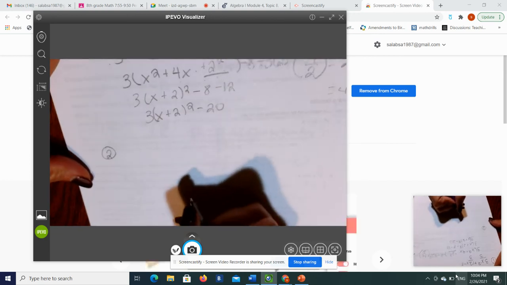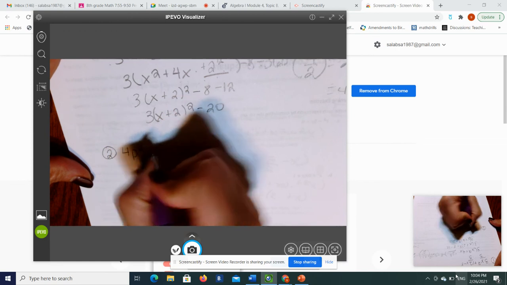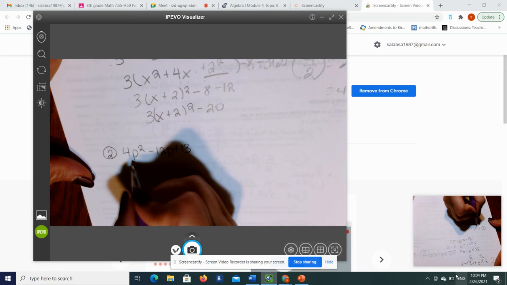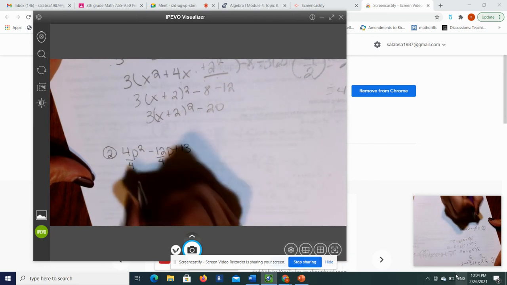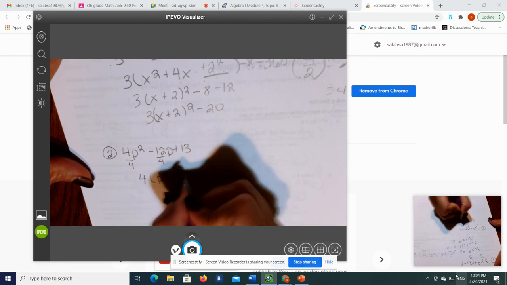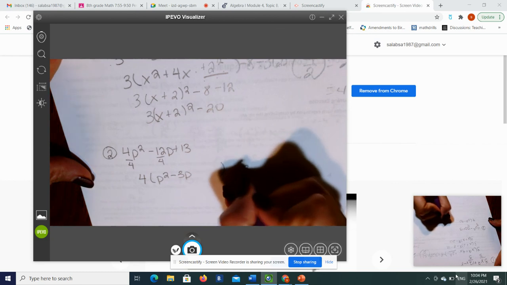Exercise 2. We have 4p squared minus 12p plus 13. Our a is 4, so that means we're going to factor it out. So you have 4 parentheses p squared minus 3p. We don't know what our c is yet, plus 13.